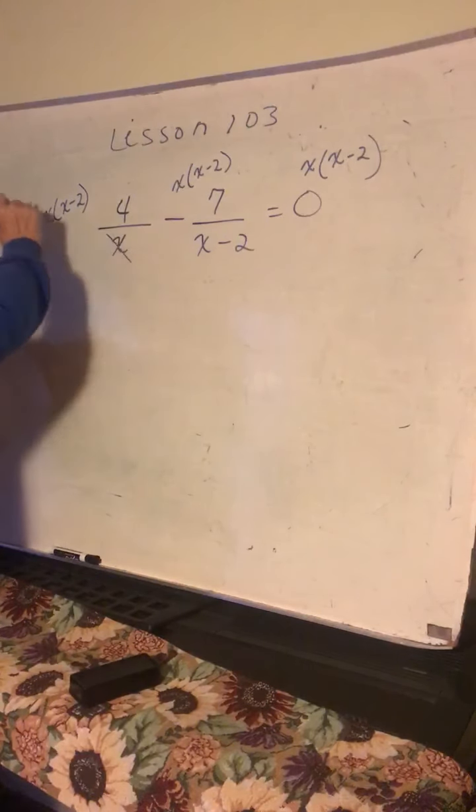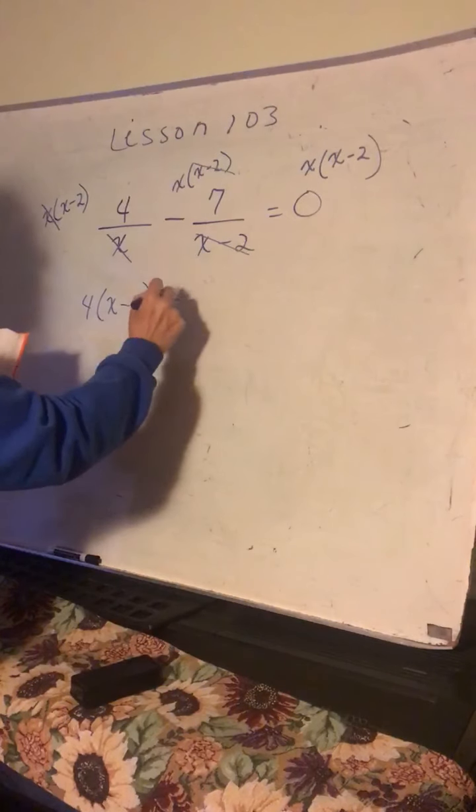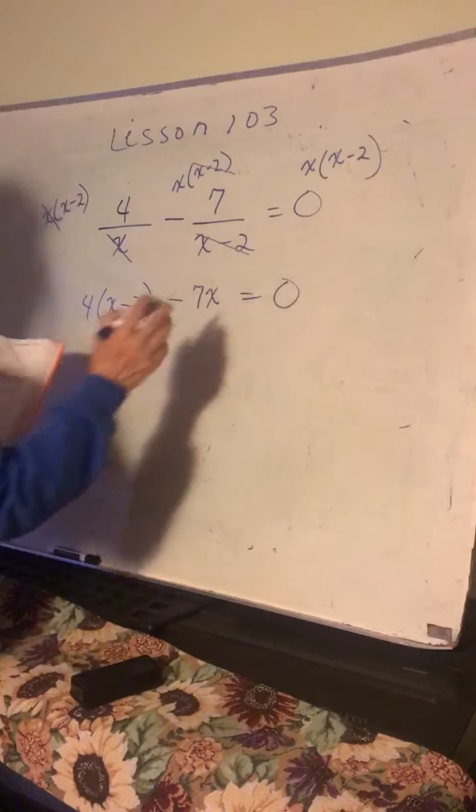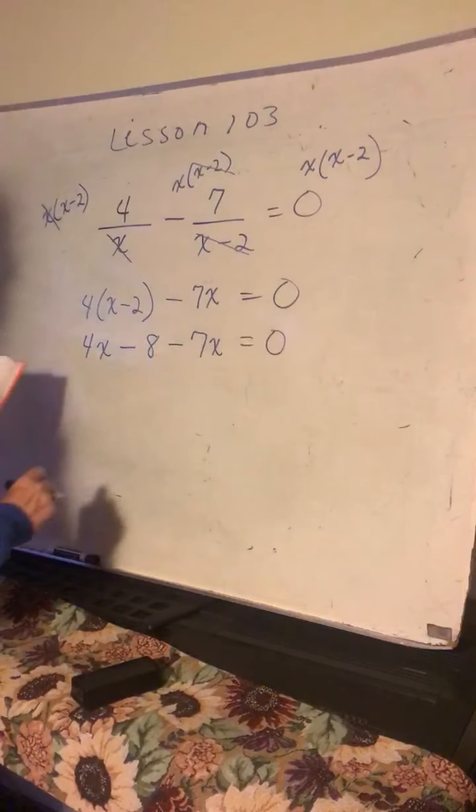So now we have 4(x minus 2) minus 7x equals 0. So this becomes 4x minus 8 minus 7x equals 0.